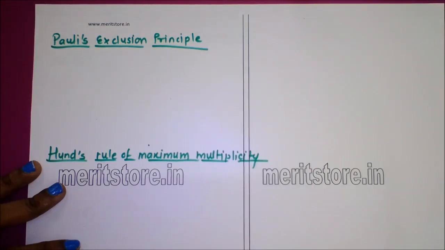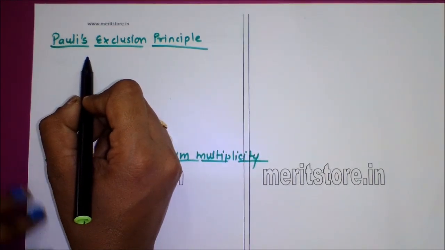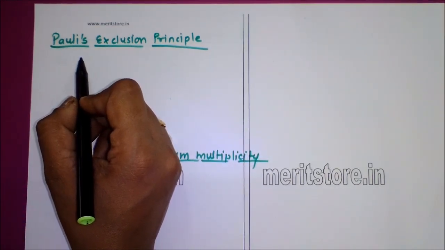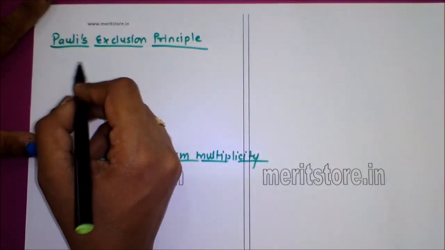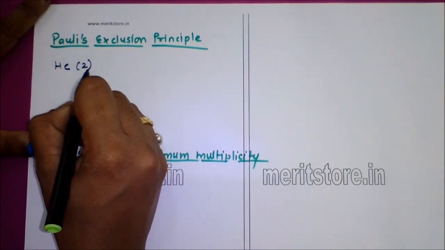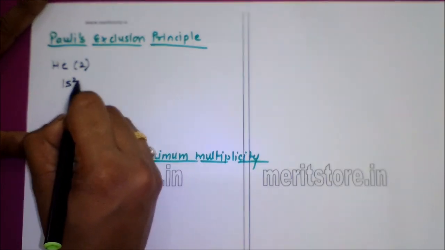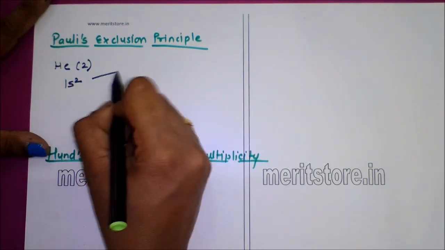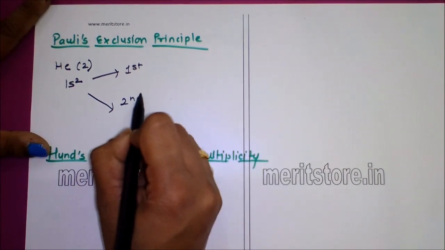The next is Pauli's exclusion principle, which says that no two electrons in the same orbital can have the same set of quantum numbers. For example, let us talk about helium, which has atomic number of 2. So now if I talk about the electronic configuration, it will be 1s2. We have 2 electrons here. Now this is the first electron of helium and this is the second electron of helium.